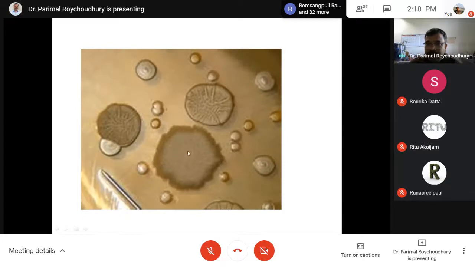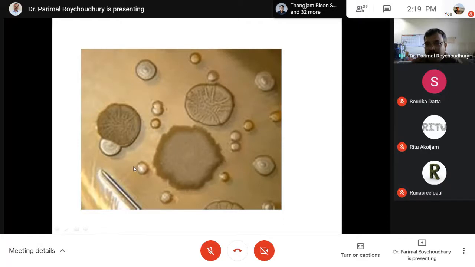These are again colonies with wrinkled surfaces. We know usually the Bacillus species produce this type of large flat colony, as we talked about with Bacillus anthracis colonies. Now, if your target organism is Bacillus anthracis, and after inoculation you see a colony like this, then it cannot be Bacillus anthracis.